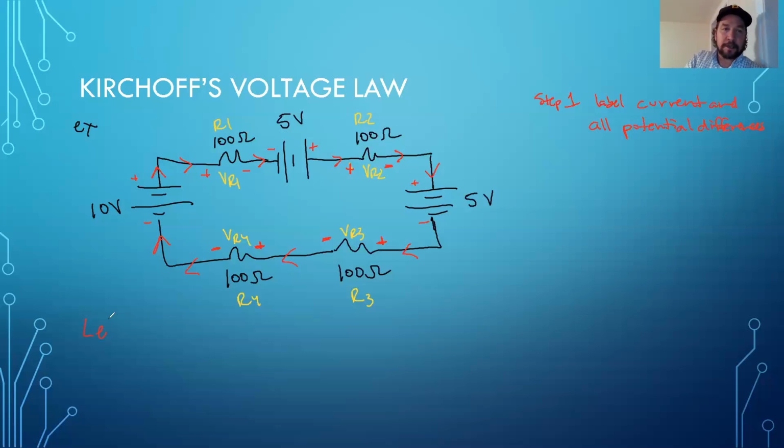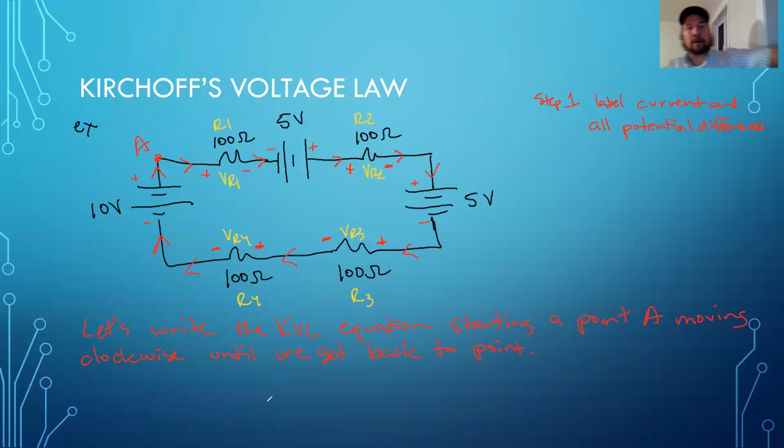So let's write the KVL equation starting at point A, and I'm going to put point A in the circuit in a second, moving clockwise until we get back to point A. All right, so I'm going to call this point A, and now we will go, and I will write it in yellow because it seems to show up better on the blue.